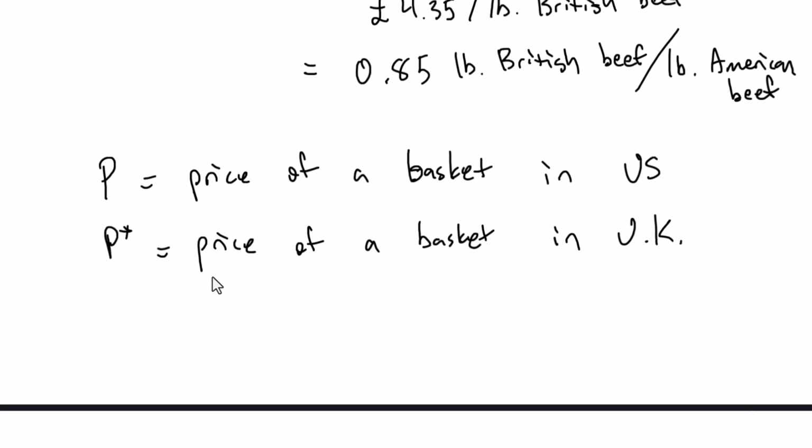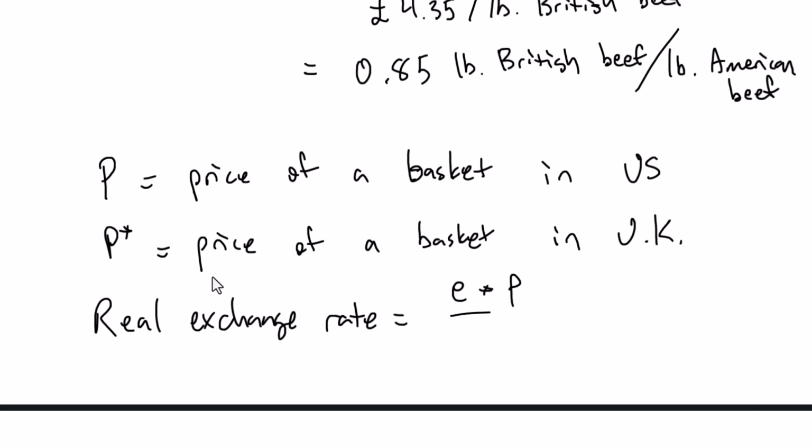And this basket could include all kinds of things, not just 500 pounds of beef. But remember that the price of the basket in the US will be in US dollars, and the price of the basket in the UK will be in British pounds. And so to use this to get our real exchange rate between the two countries, we will take our nominal exchange rate, which we will call E, times P divided by P star.